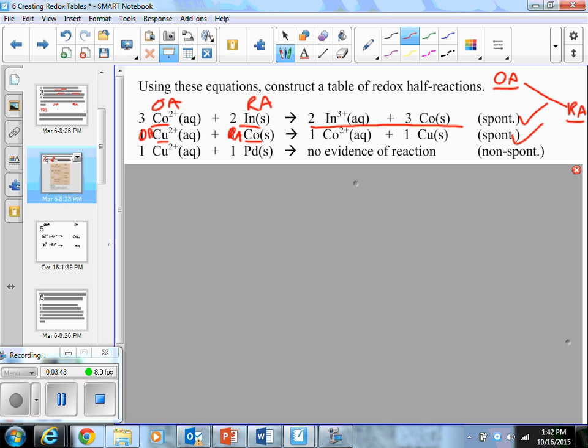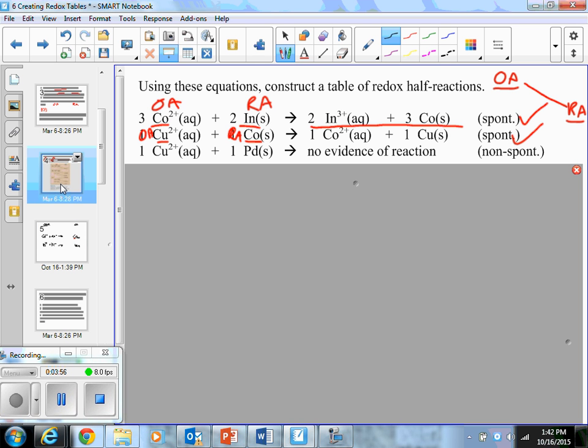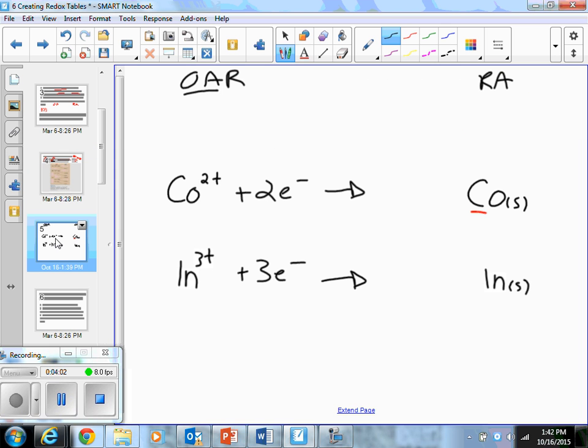So see where we can fit this in on our table. I already have solid cobalt in the table, so I need to put copper in relation to that. Because it was spontaneous, the OA has to be above the RA. So I'm going to put copper-2 plus above solid cobalt.